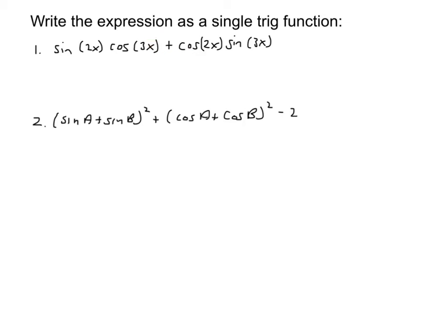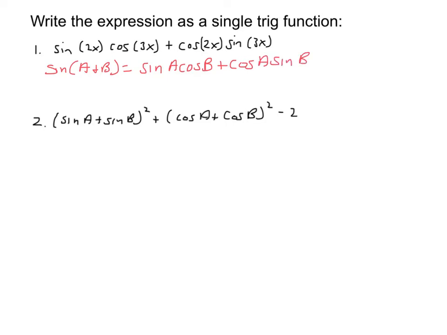And so with that, I know that that one is actually going to be the sum formula, because what I have for the sine sum is that the sine of A plus B is equal to sine of A cosine B plus cosine A sine B. So this one matches up that formula.